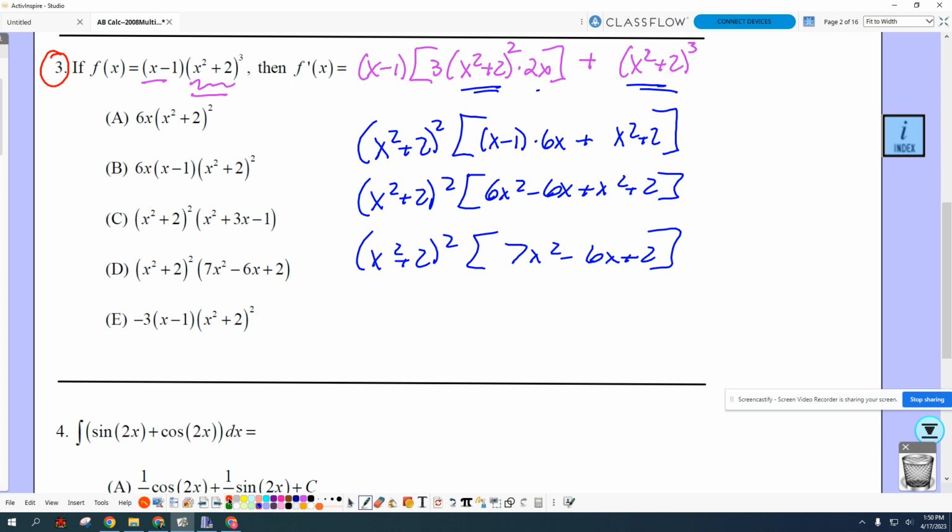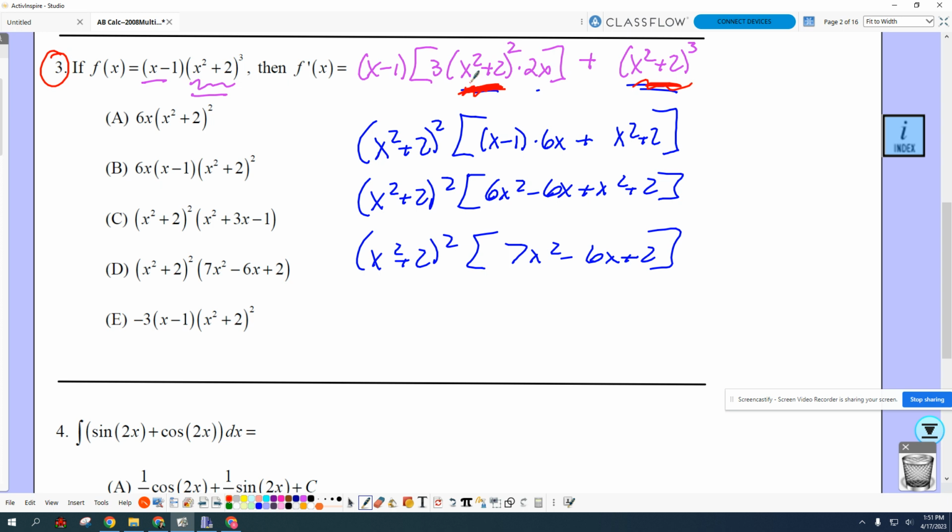Okay, are we okay with step one where Isaiah did product rule with a whole bunch of chain rule in it? Then Natalie said none of these look like that. Maybe we need to factor out the common term. There was an x squared plus 2 in this first term, 3 of them in the second term. So the thing in common was taking the 2 out.